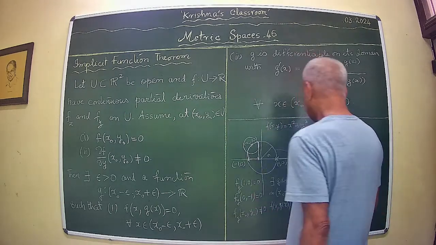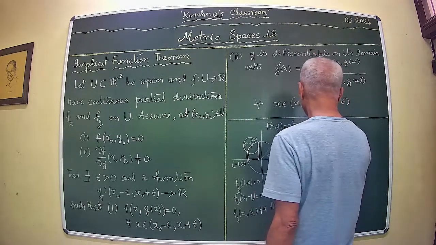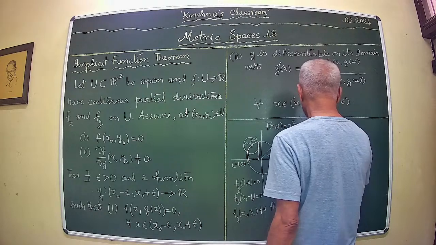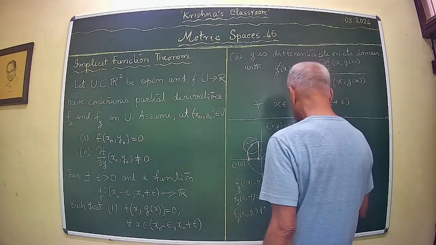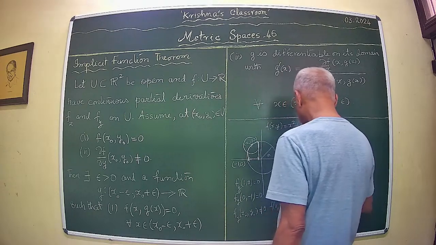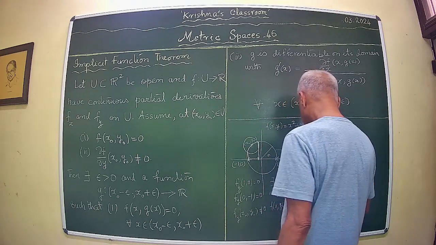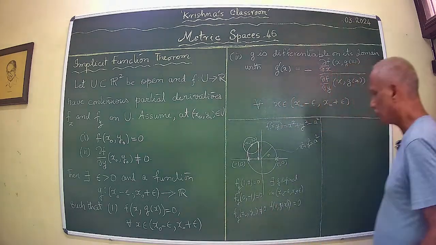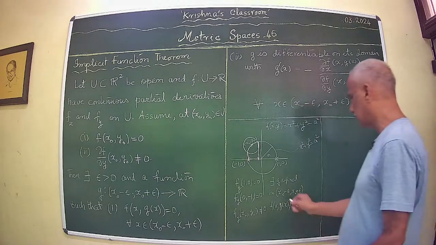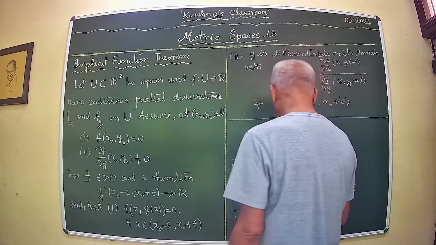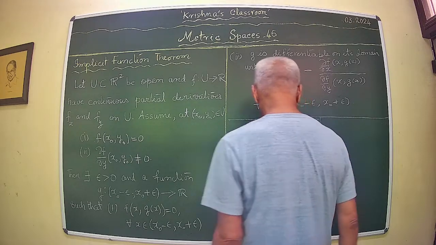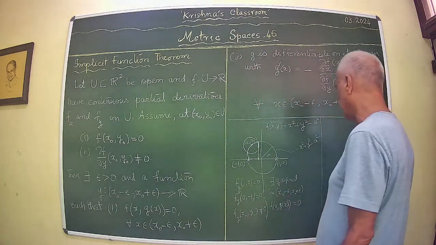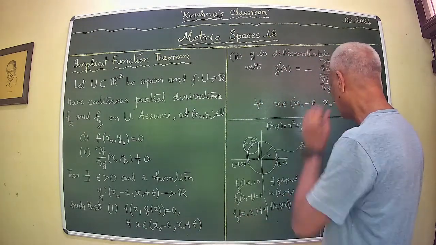So if we take the expression f(x,y) to be x square plus y square minus a square, then you see that this g will be defined for every x in x naught minus epsilon to x naught plus epsilon.